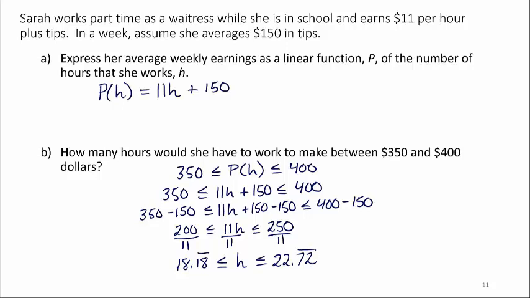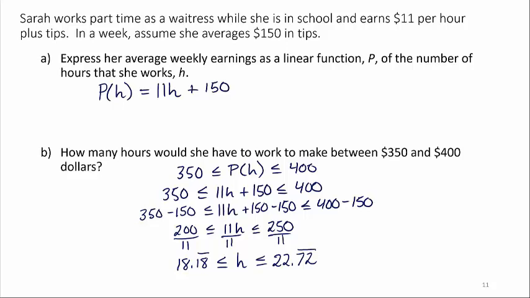And h is the number of hours that she works, right? And in our case, we're answering the question, how many hours does she have to work to make between $350 and $400? As I'm looking at this, I would say, well, she would have to work roughly between 18 hours and 23 hours, right, to make that amount of money.